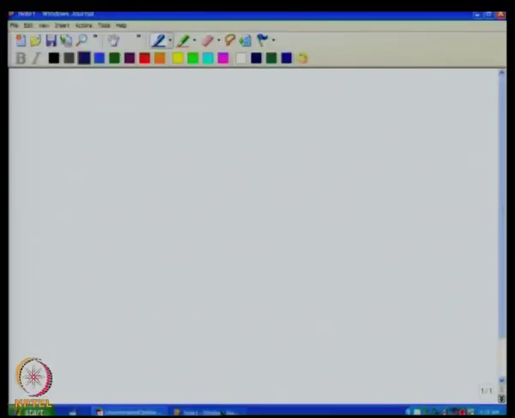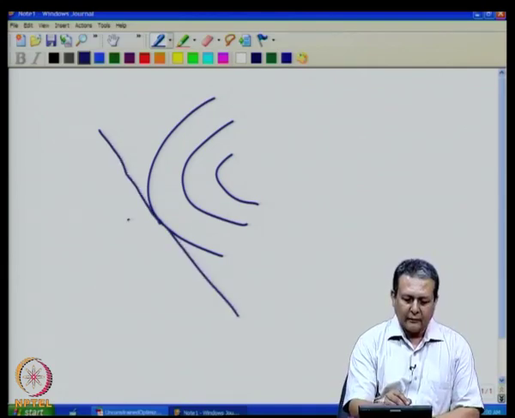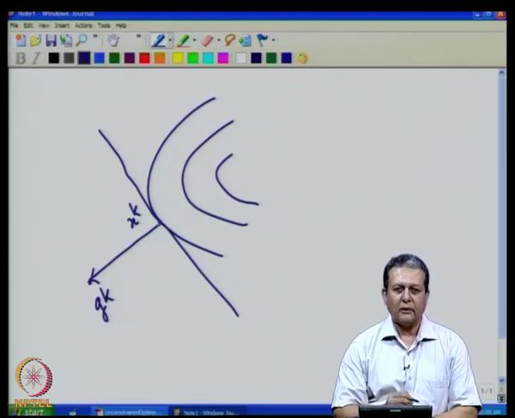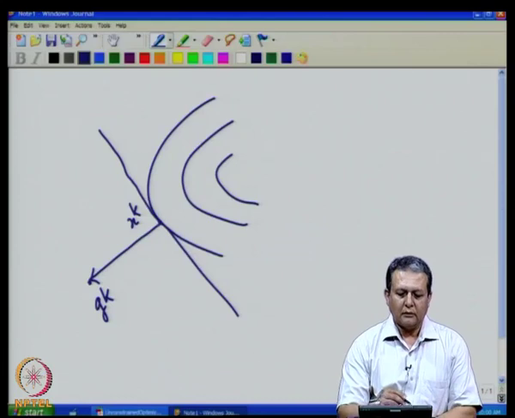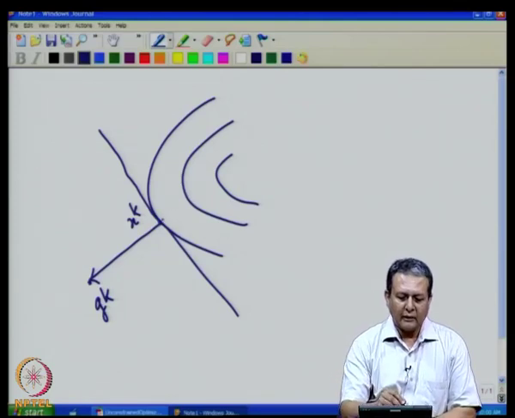We saw that if these are the contours of the objective function, and we are currently at a point which we call xk, then this is the first order approximation, and this is the gradient at that xk. With respect to the first order approximation, the maximum decrease in the objective function is possible when we move along the negative of the gradient direction.